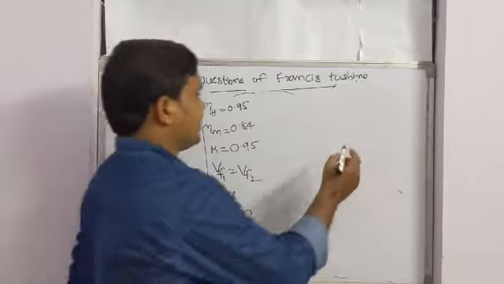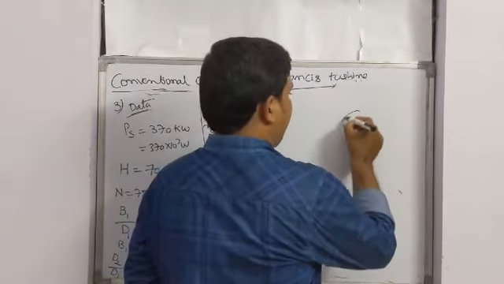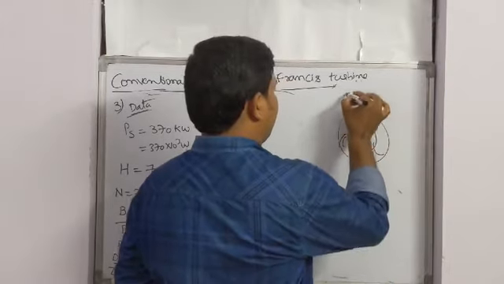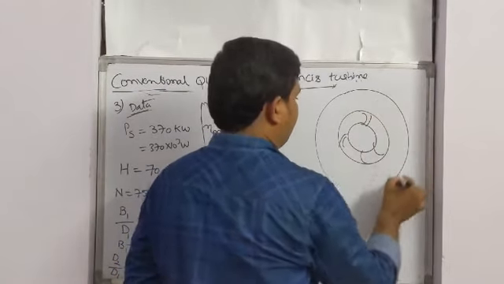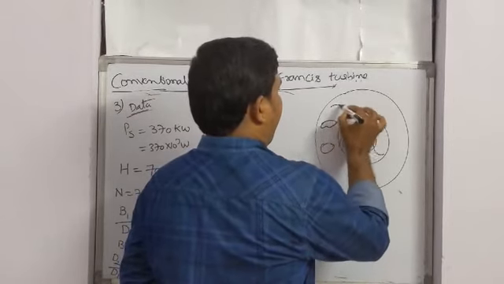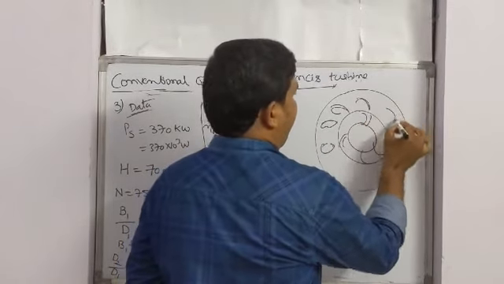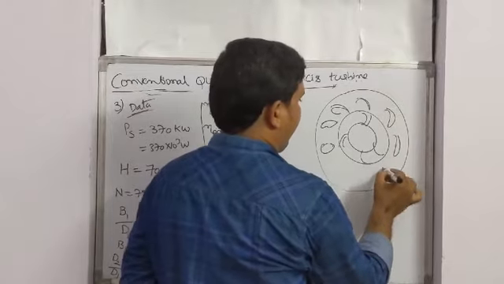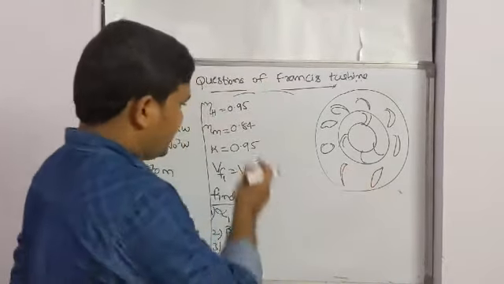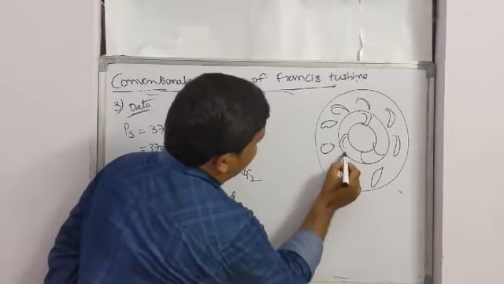This is a turbine, these are runner blades, this is the casing, and here the guide vanes are there. The water will flow from the guide vanes to the runner vanes.